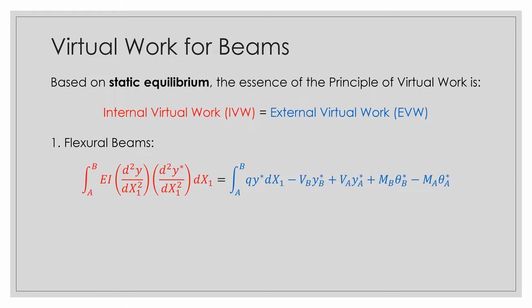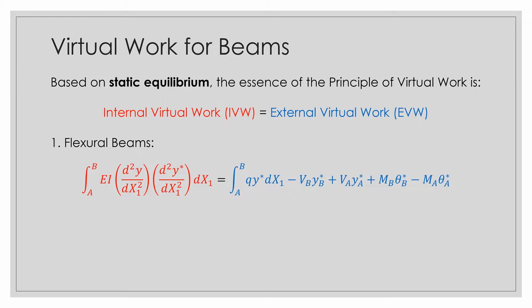That in essence captures the effects of the distributed load, minus the shear at B multiplied by the virtual deflection function at point B, plus the shear at A multiplied by the virtual deflection at A, plus the moment at B multiplied by the virtual rotation at B, minus the moment at A multiplied by the virtual rotation at A.